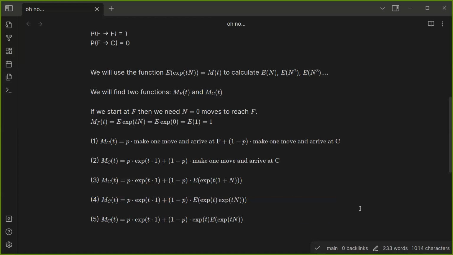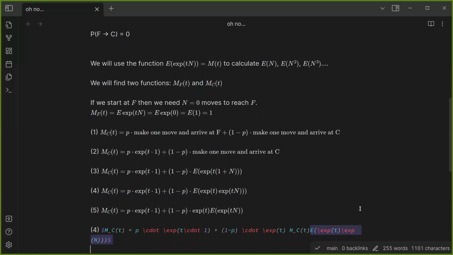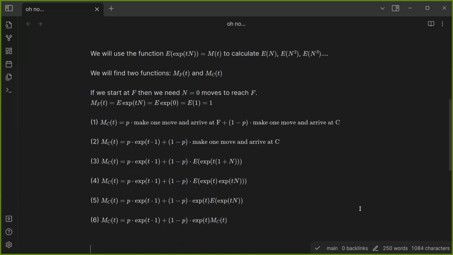But the expected value of the exponent is called m. And I have exponent of t, mc of t, and we are done. That's basically an equation. I hope that everyone can solve equation number 6.